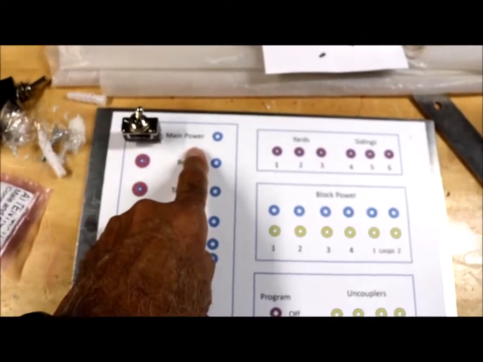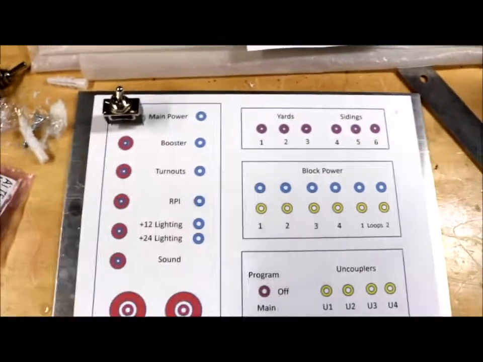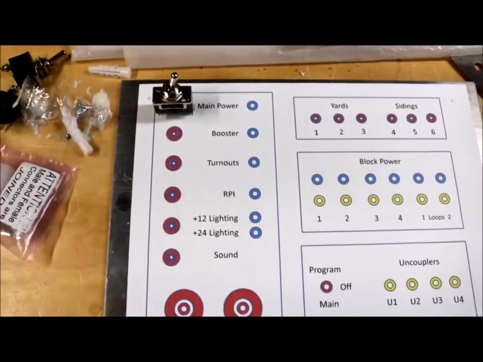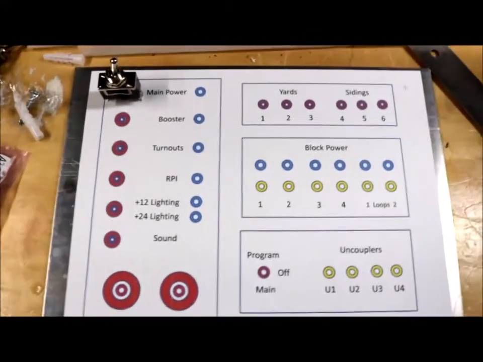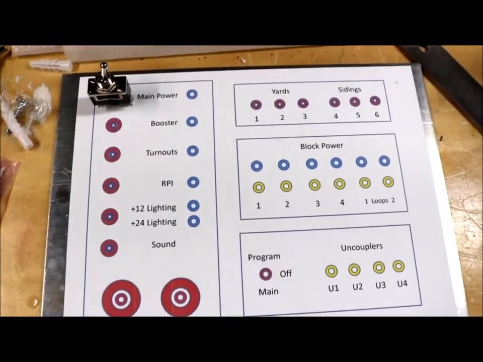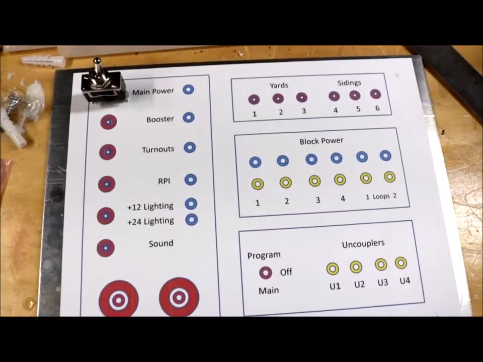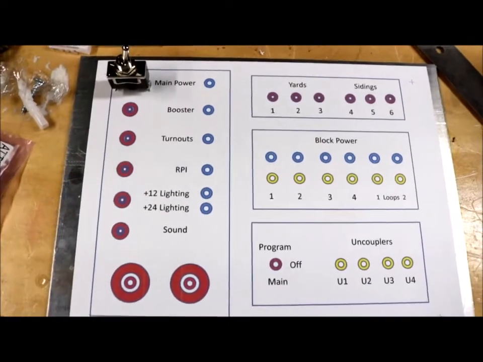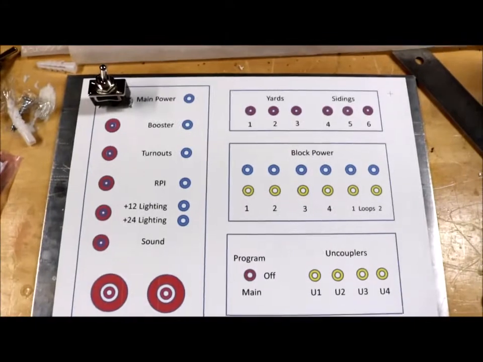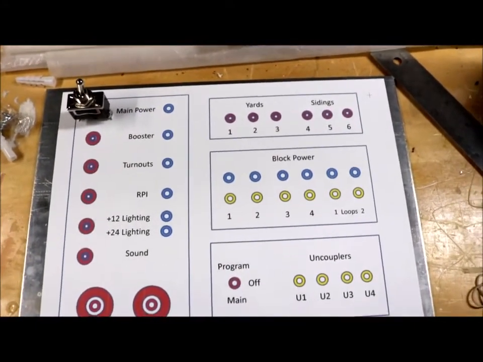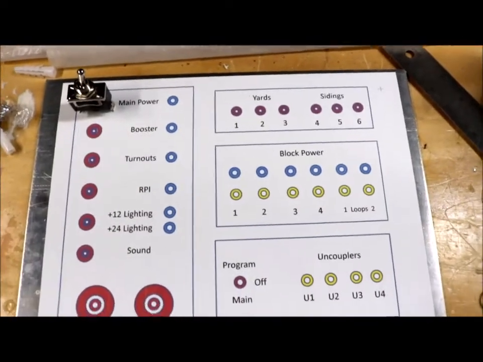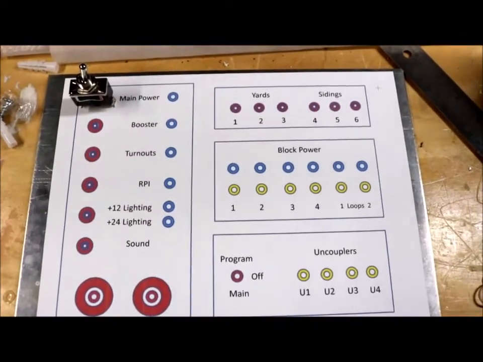So this is main power. Then the next one is going to be booster power. The next one is going to be turnouts. Why do I have those sequentially? Because one of the known problems with the Digitrax DS64s, which I have a bunch of, and now DS74s, is that if they're off for a while and you don't sequentially turn on the power after the DCS52 main controller, they start flipping randomly.